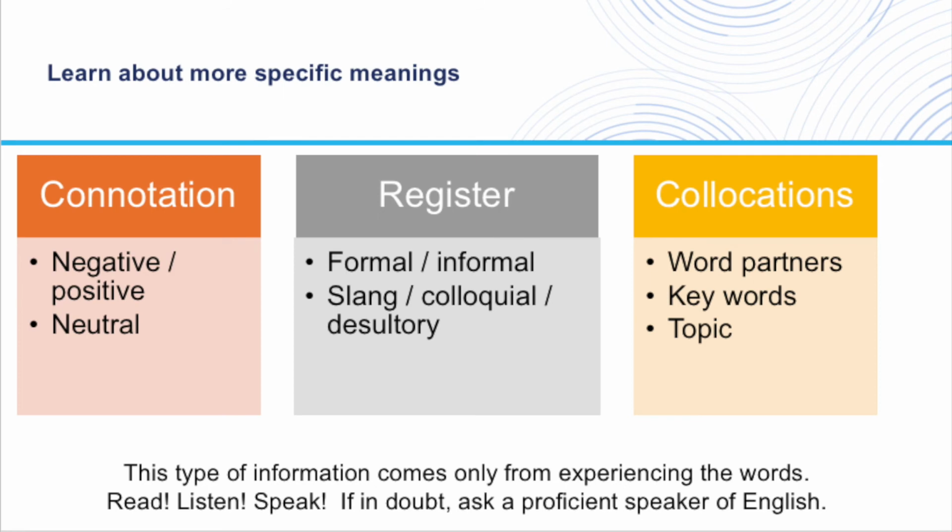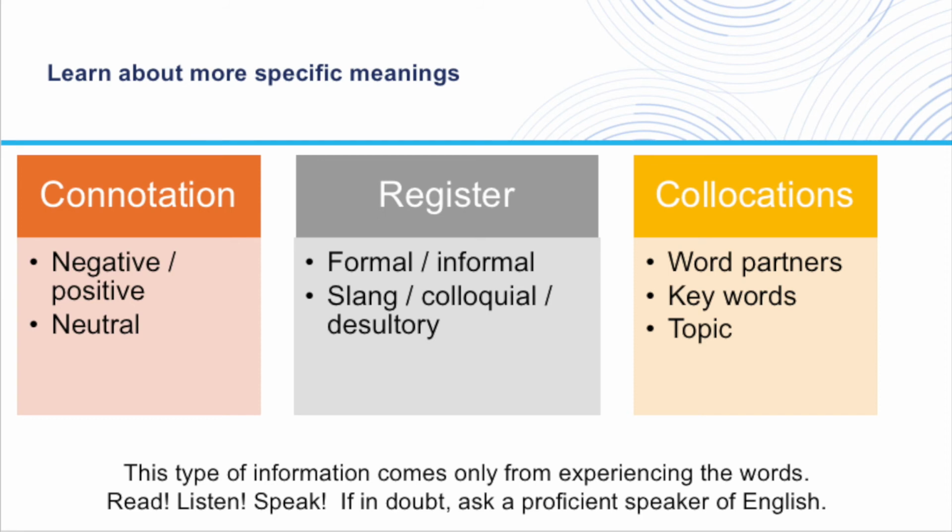It might be words or terms you use in your professional life. These words might be more formal or more informal. Formal ones you might use in a speech or a presentation.